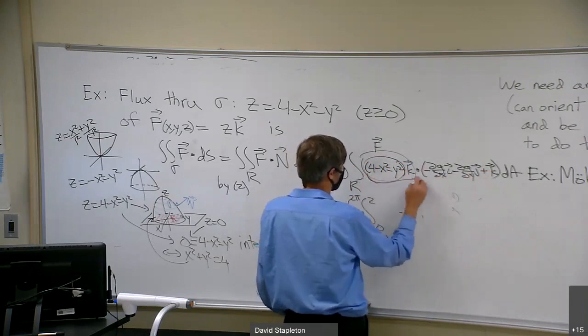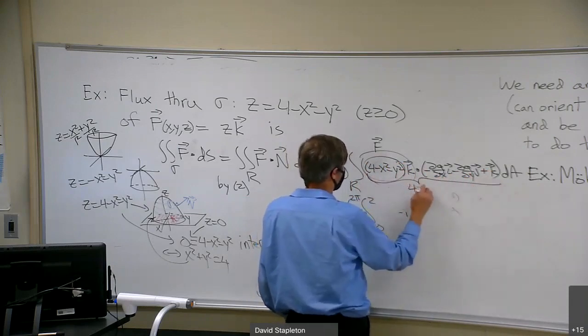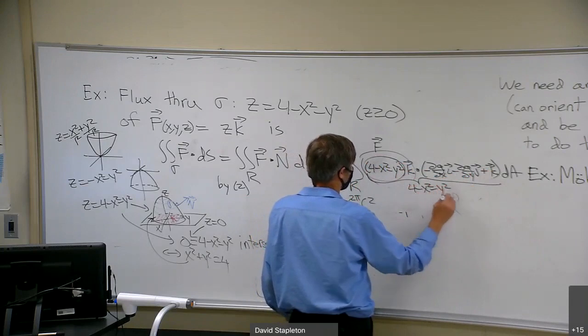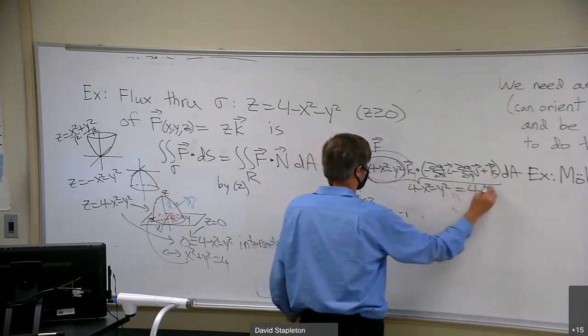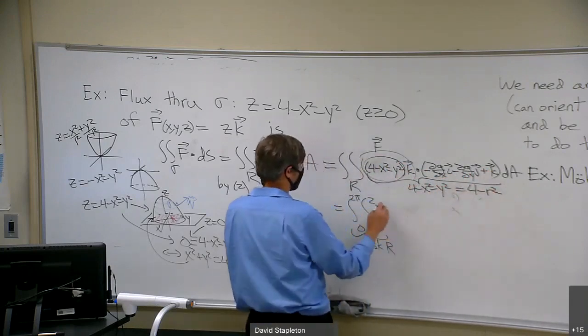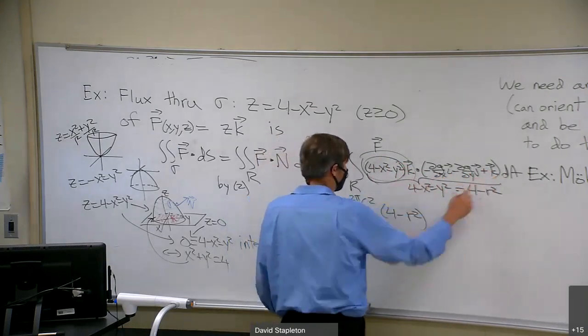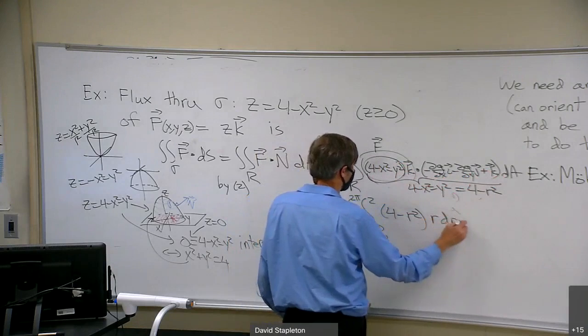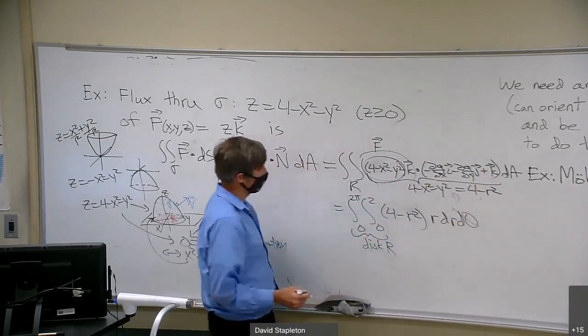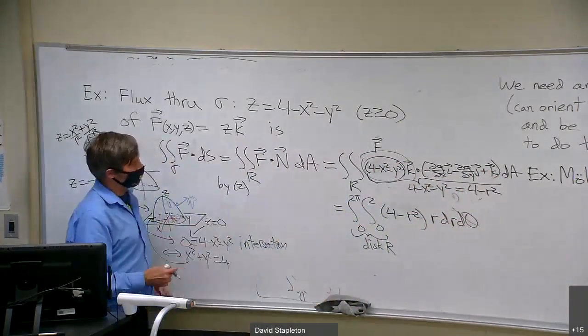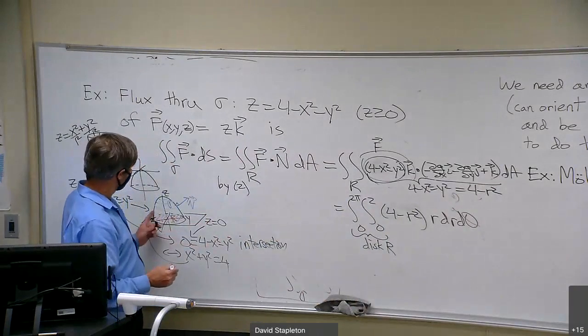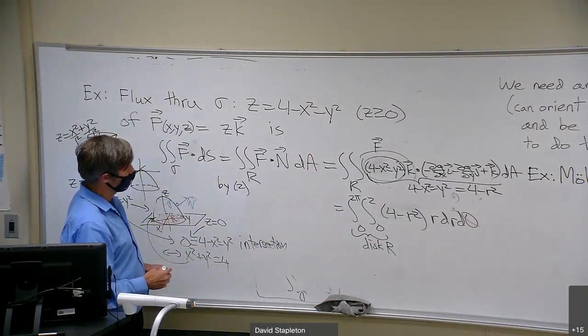So the dot product is just 4 minus x squared minus y squared, which is also 4 minus r squared. So then I can put in this integrand 4 minus r squared, the dot product, and then take dA as r dr. And that will then evaluate the volume of fluid per unit time going through the portion of the circular paraboloid that we see there.